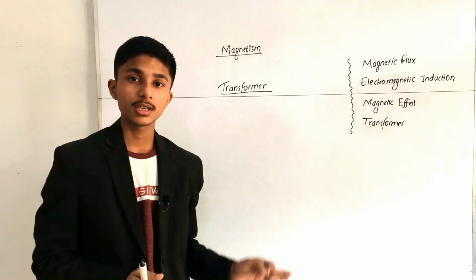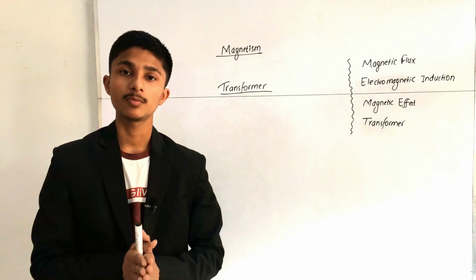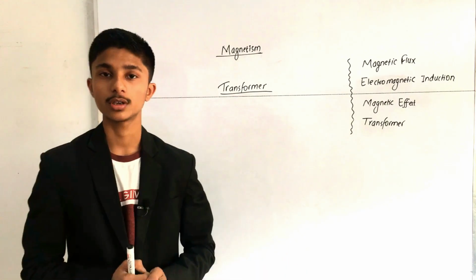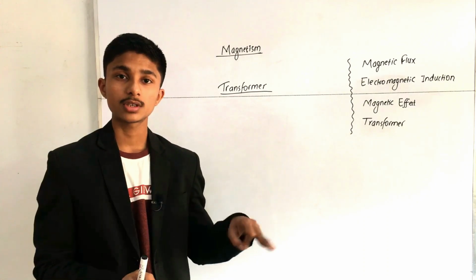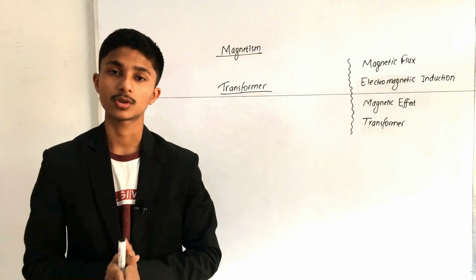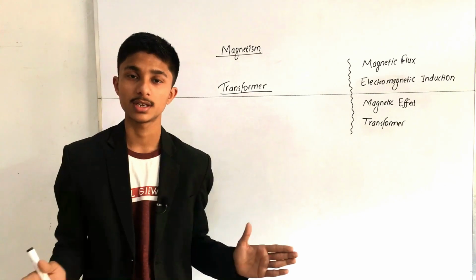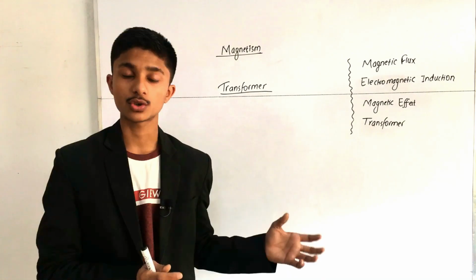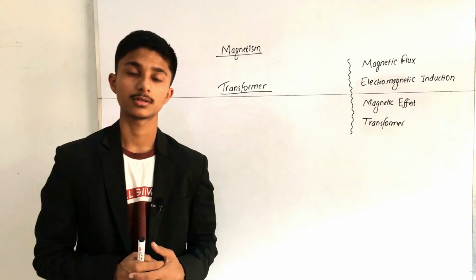Therefore, the increase and decrease of voltage is done by a device called a transformer. Thus, the transformer is a device that converts high AC voltage to low AC voltage, and vice versa, or low AC voltage to high AC voltage.